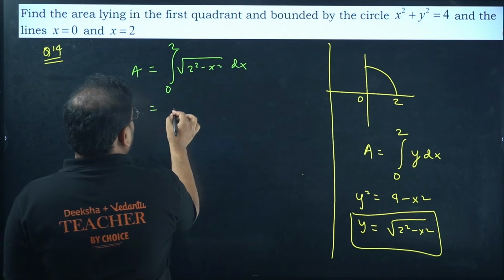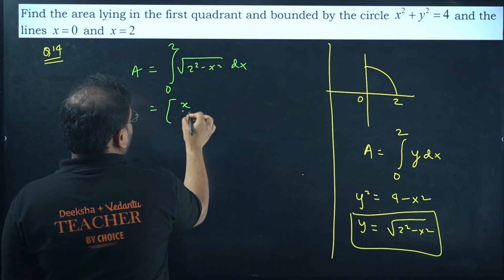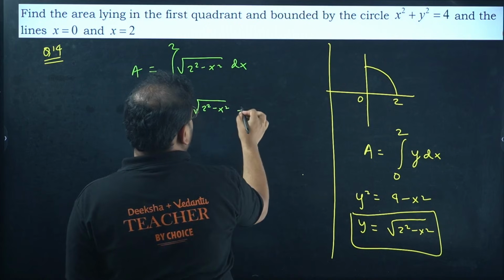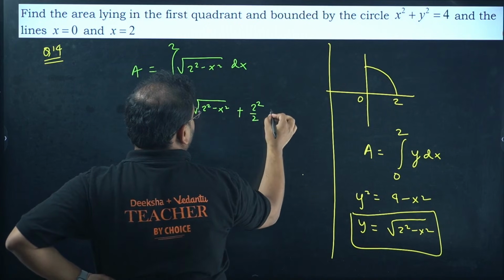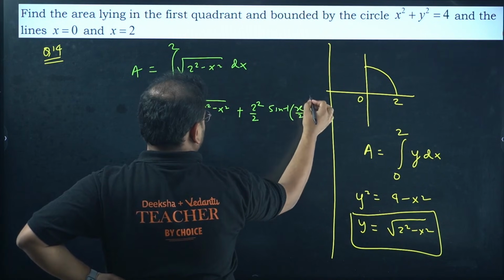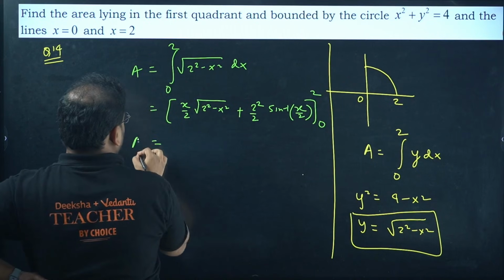Have a look. We'll have the value as, first one will be x by 2, the same root repeats, root of 2 square minus x square, plus 2 square by 2 sine inverse of x by 2, from 0 to 2. Substitute the value and get the result.